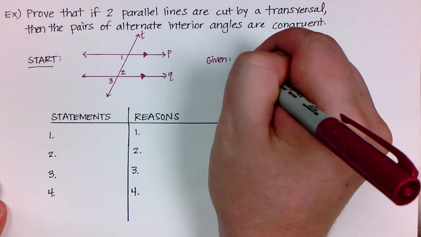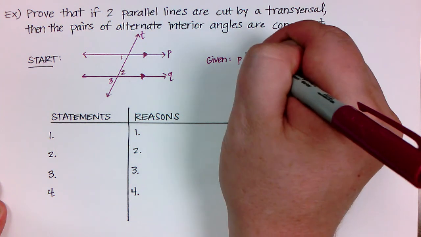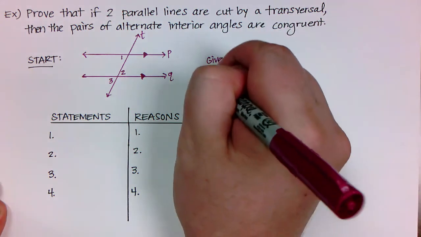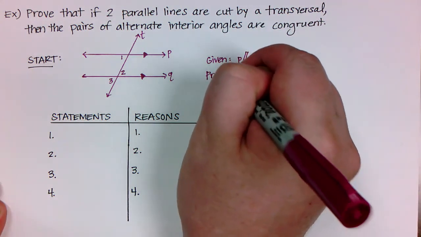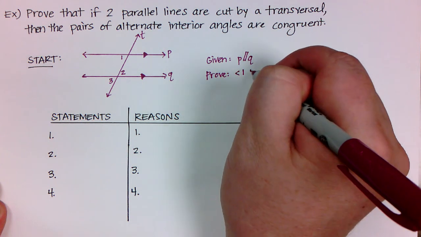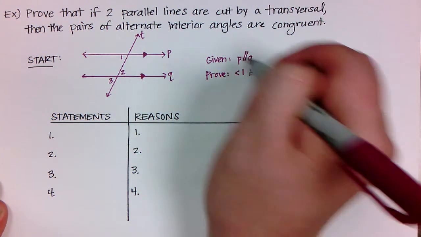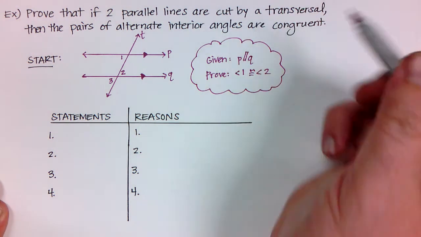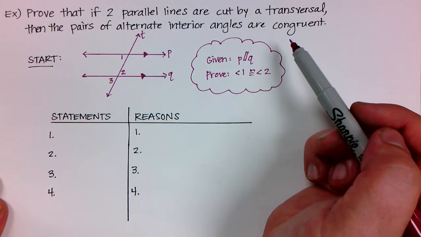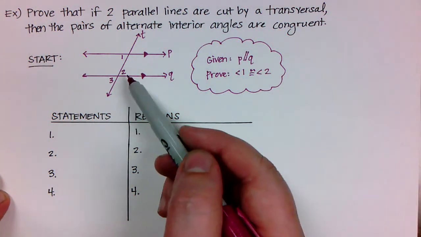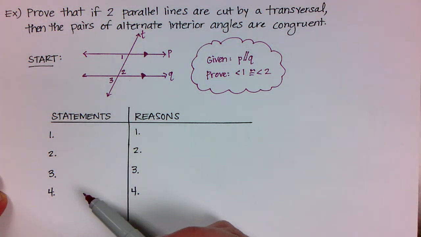So I'm given in the beginning that the line P is parallel to the line Q. And what I want to prove at the very end is that angle 1 is congruent to angle 2. This is kind of like my thought bubble of what I'm being asked in the beginning example at the top. Okay? So why don't we use this information in this diagram to go ahead and organize a very short proof.